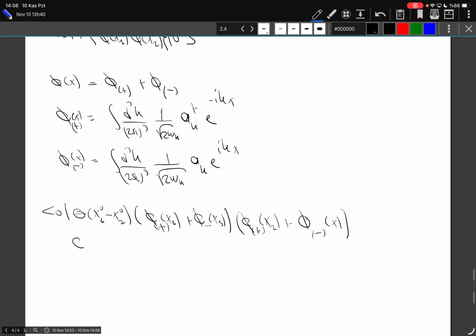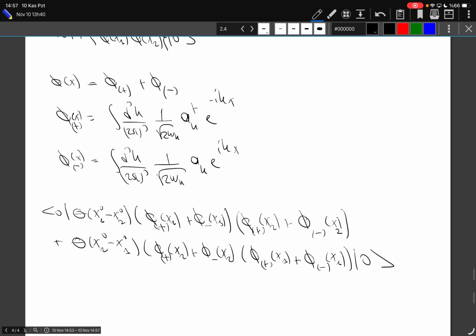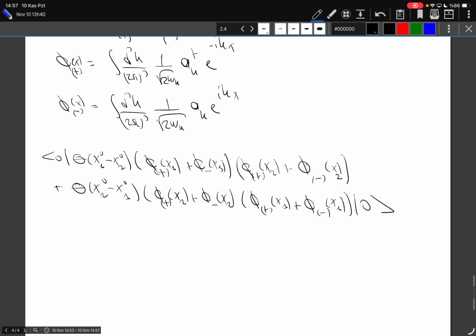If the ordering of the time is the other way around, I just change the order of the operators, acting on the empty state. This is the definition of the time ordering.